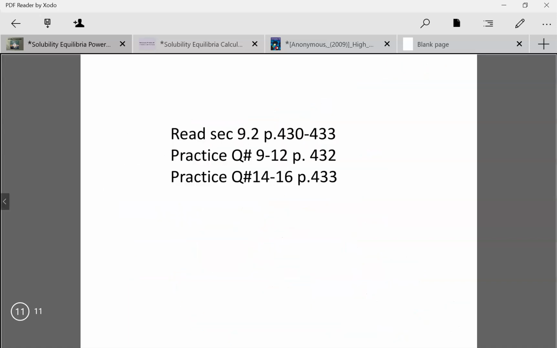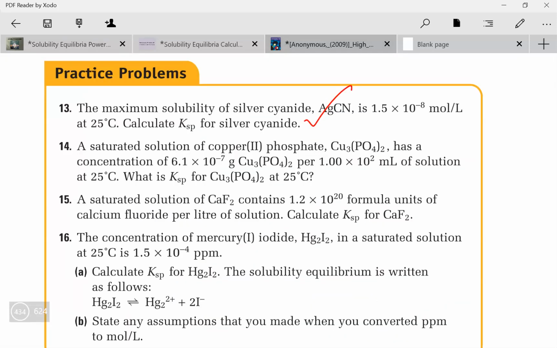Well, I'm sure you know how to do that question. Basically, you set up an equation where x equals the maximum solubility, 1.5 times 10 to the negative 8. If I do my ICE table, I get KSP equals x squared, which equals 2.25 times 10 to the power negative 16. So that's my KSP value.